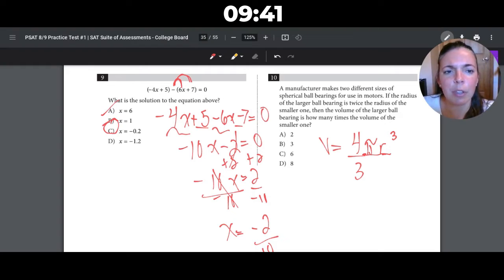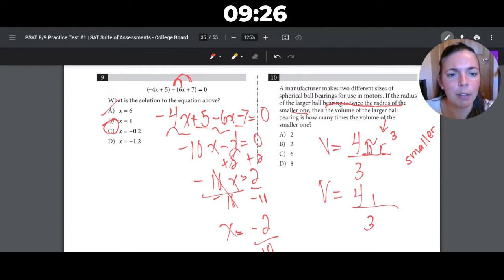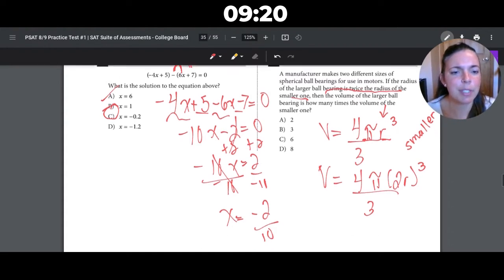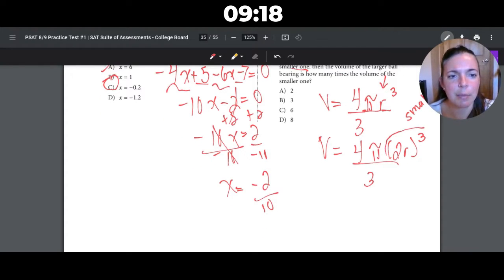Okay, so if the larger is twice the radius of the smaller, let's say the smaller one is just r. So this is what our smaller one would look like. So if I look for the same formula, but now let's say our radius is 2r because it's twice that, right? All I have to do is simplify. The only thing that's changing is this part.